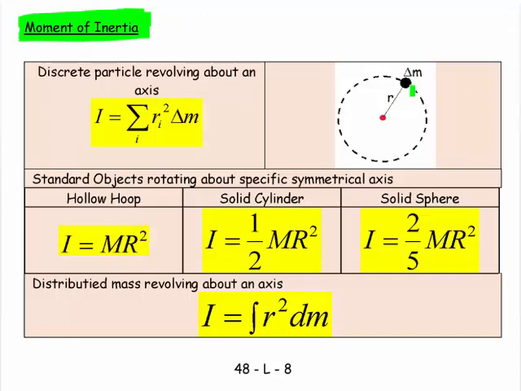What that means is, if I move a mass twice as far away from the turning axis, it's 4 times more reluctant to rotate. So if you want to make yourself rotationally more stable, it's easier to move the mass away than it is to try and get more mass.